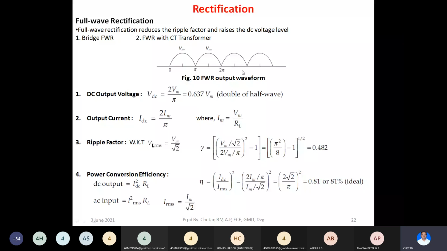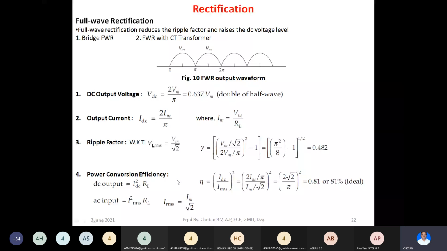All the half cycles will be above the x-axis, and the maximum peak will be Vm. The remaining parameters, that is DC output, output current, ripple factor, and power conversion efficiency, these four will be common for both the bridge rectifier as well as the full wave rectifier with center tap transformer.